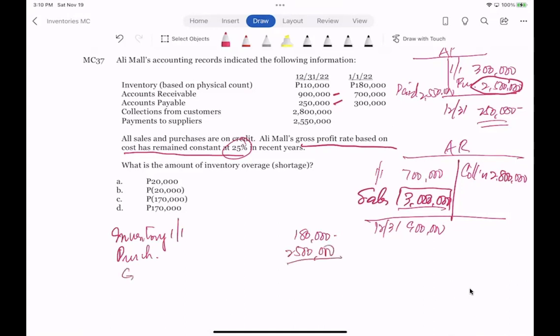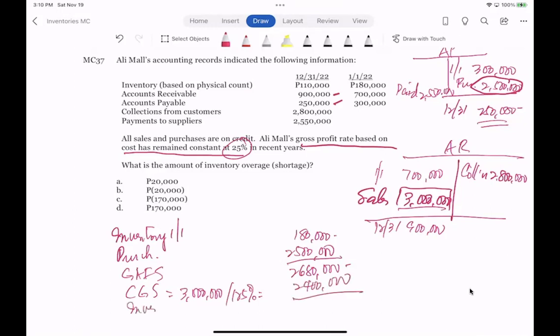Therefore, our goods available for sale is 2,680 minus cost of goods sold. So we use sales of 3 million. Your gross profit based on cost is 25%. So you divide sales by 125%. So 3 million divided by 1.25 is 2,400,000.